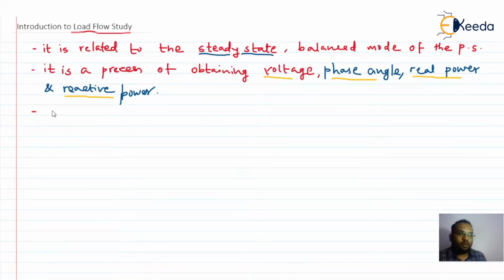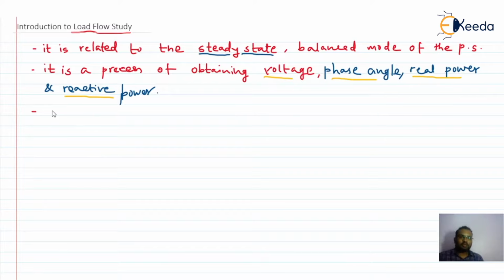Now, how does knowledge of these four quantities help the power system engineer? It helps to ensure the smooth operation as well as the smooth control of the power system.